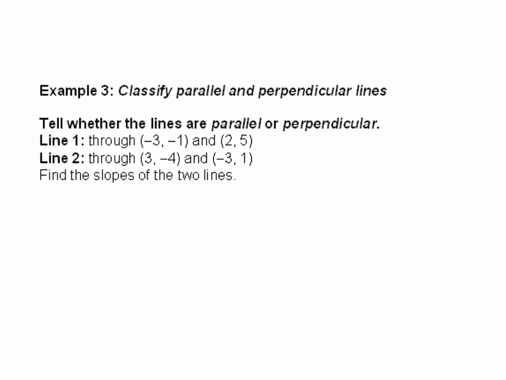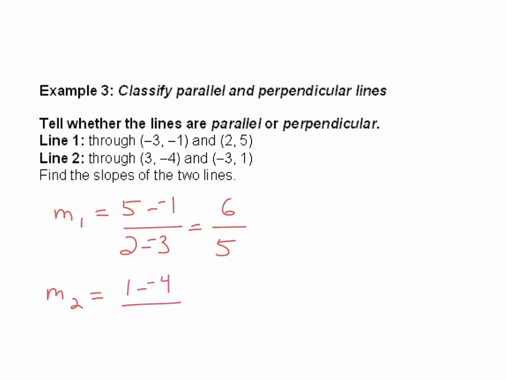So our last example for today has us deciding: are the lines parallel, perpendicular, or neither? Let's do the slope of line 1. We're going to do 5 minus negative 1 over 2 minus negative 3. So we're looking at 6 over 5. And then the slope of line 2, we're going to do 1 minus negative 4 over negative 3 minus 3.